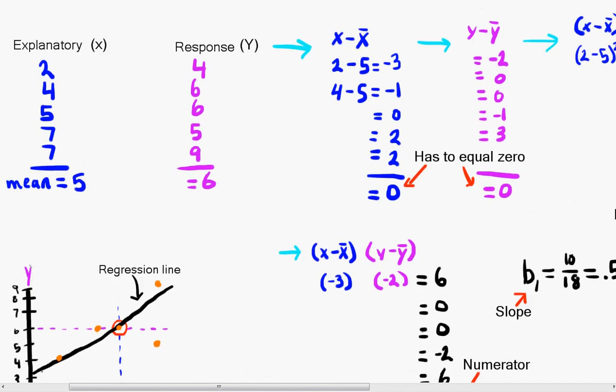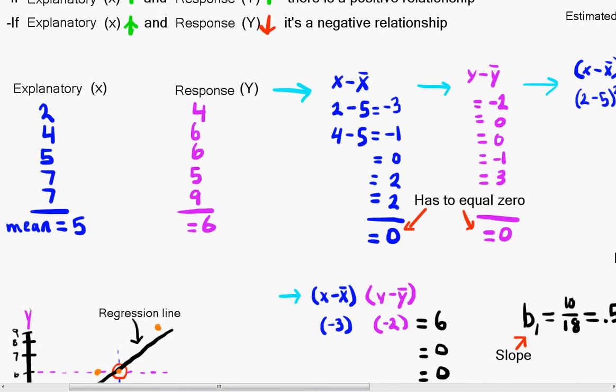Alright, so the next step, we are going to take x minus x bar. So what would be the x value? 2 minus x bar, the mean, which is 5, gives -3.